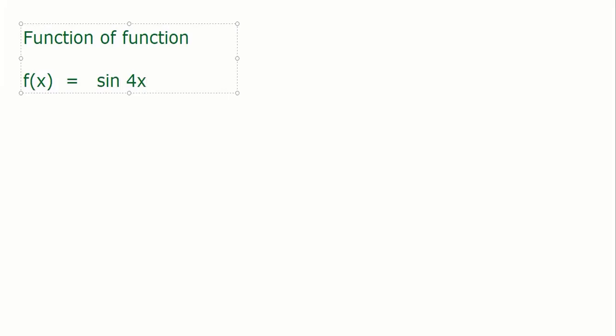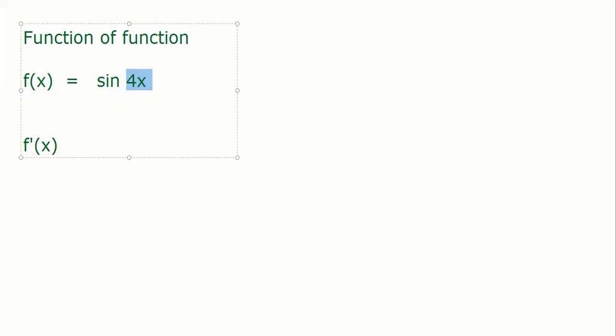You might think, what is the difference? The difference is that it is not x, it's 4x. Very, very simple. What function of function says is, first you assume this whole thing is only x. Don't think, first you assume 4x is x only.